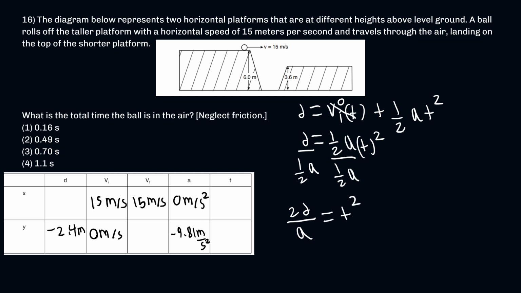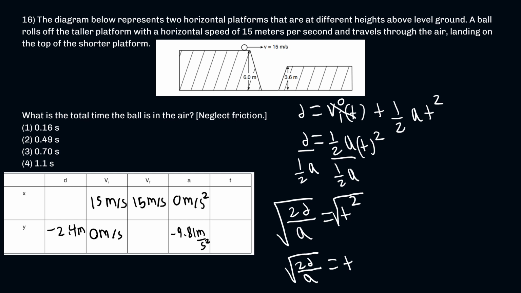Last thing, I want to get t by itself, and it is currently a squared value. So do the opposite and take the square root of both sides of the equation. I end up with the square root of 2 times my displacement over my acceleration equals time. Now I can just plug this in and end up with my answer.